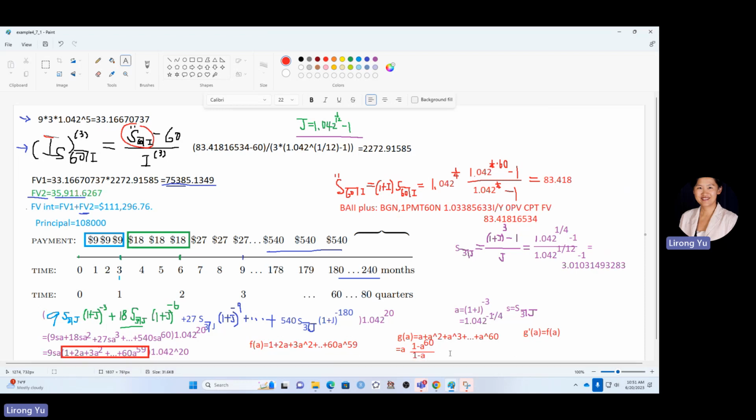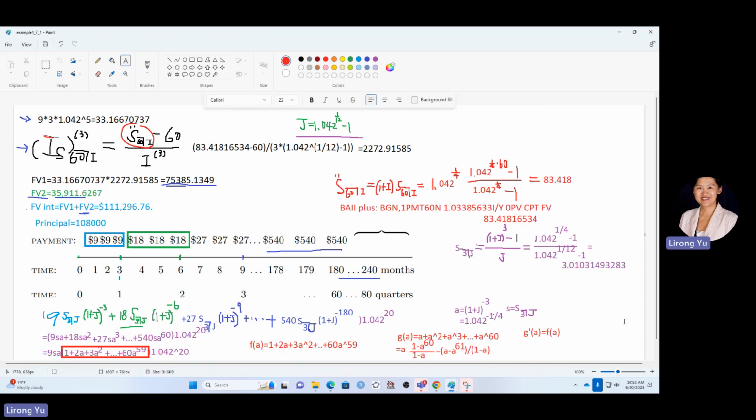So that's g of A. You can also combine them and it becomes A minus A to the power of 61, divided by 1 minus A.